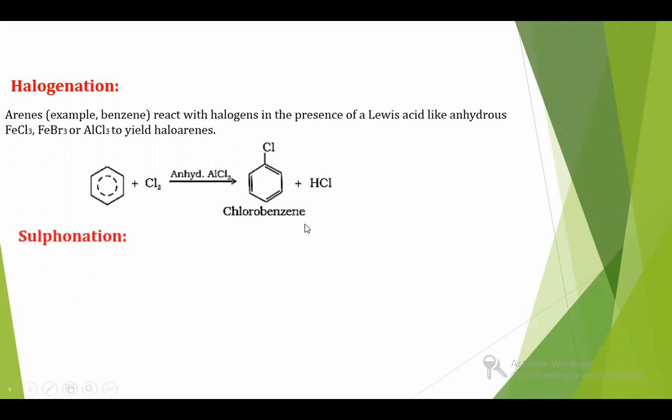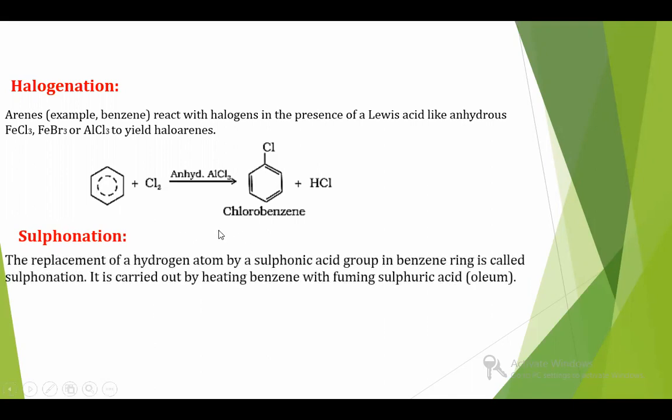Okay, next, sulfonation. In nitration, the name itself indicates the nitro group. In halogenation, the halo group is substituted, which means an electrophilic substitution reaction. In sulfonation, it means the sulfo group, which is sulfonic acid, SO3H.